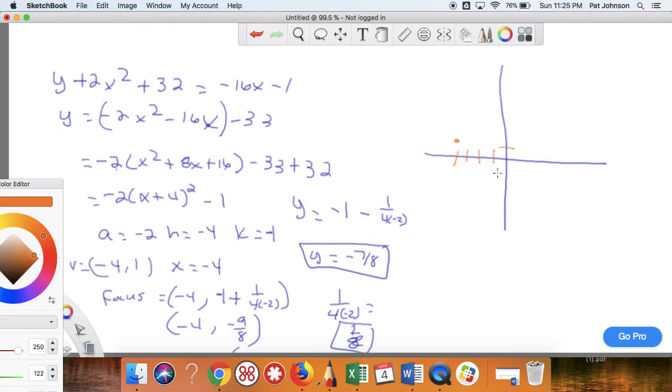And this is negative 1, so actually it goes right here. This is why we have to have it correct, and I didn't write it correctly. I corrected it later, but I didn't correct it here on my vertex. Our directrix, y equals negative 7/8, is about somewhere right here. And our focus is negative 4, negative 9/8, which is about right here. And we know it's going to open down like this, and there you go.